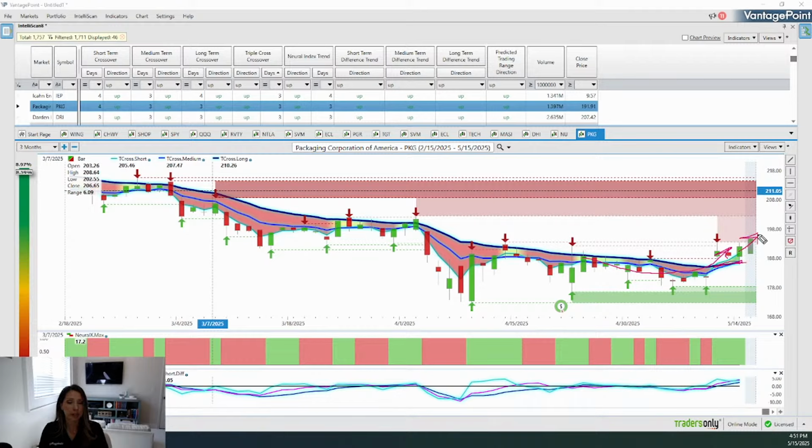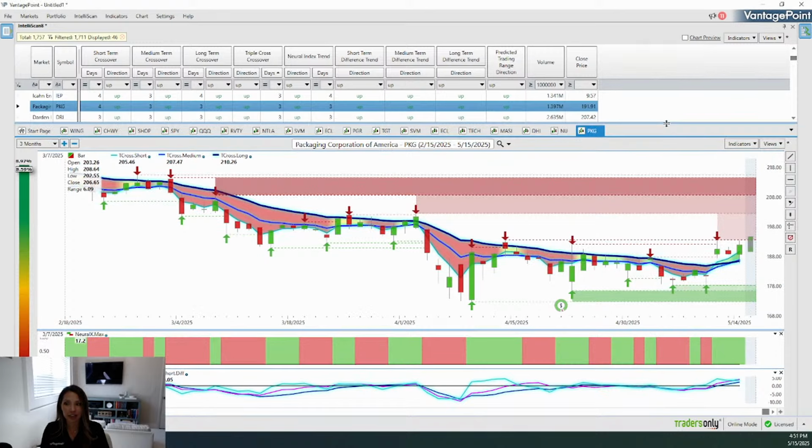Now, when we got our crossover, of course, we'd want to look down at our neural indexes. We had all of our 4 points of confirmation in alignment as well. So again, just the power here in identifying new types of opportunities for really any trader. It doesn't matter what style of trading or what your setup is.